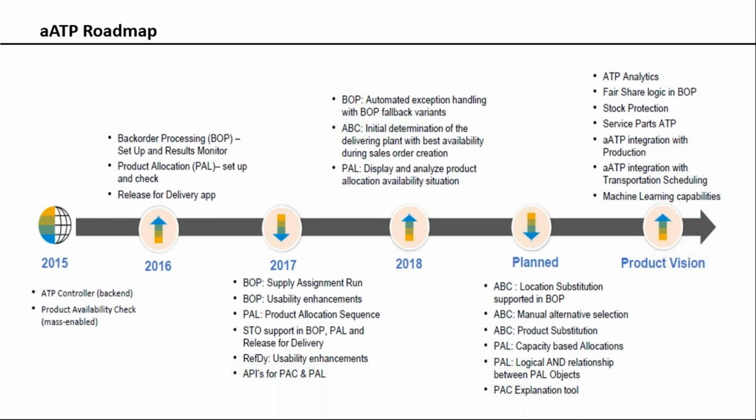In 2020, maybe ATP integration with transportation scheduling may come. That is similar functionality in APO, GTP is transportation scheduling, but that still needs to be done by SAP.